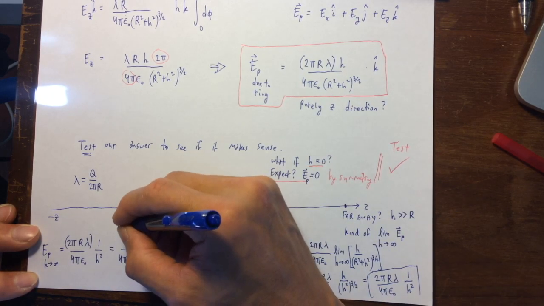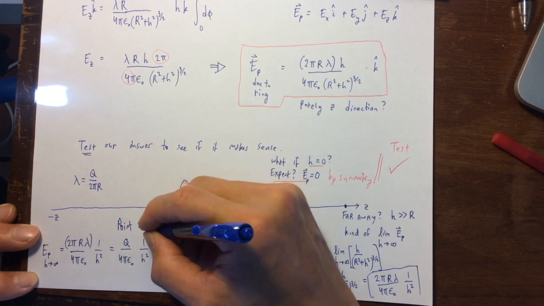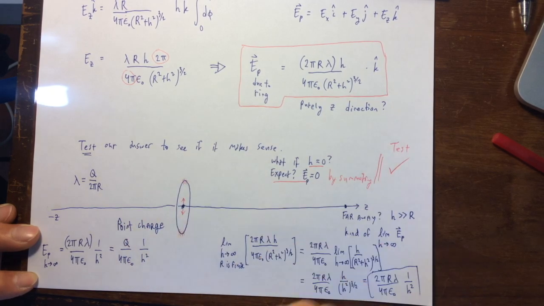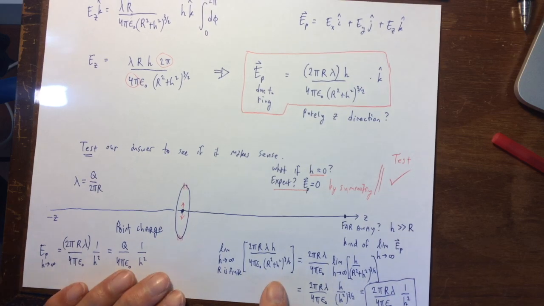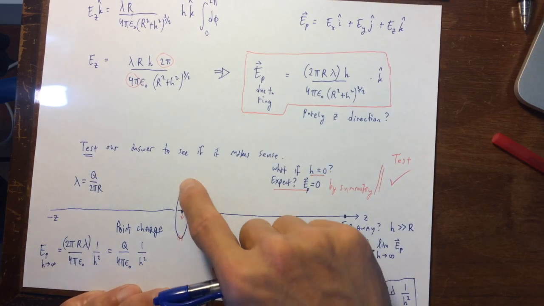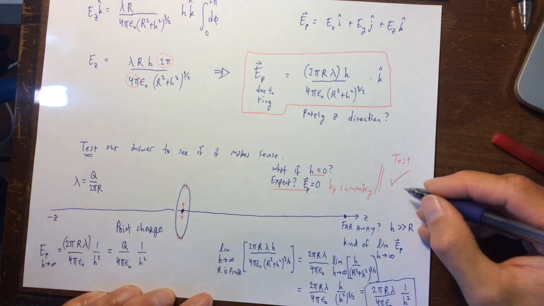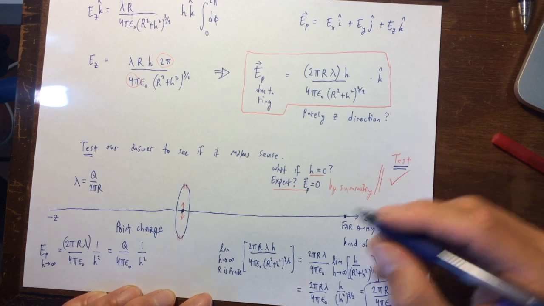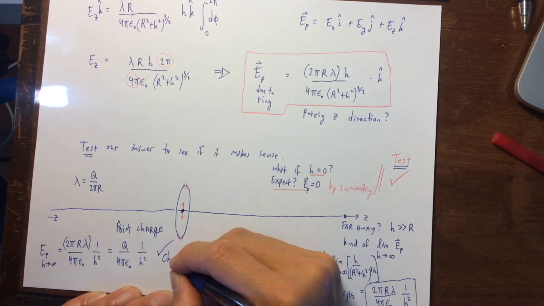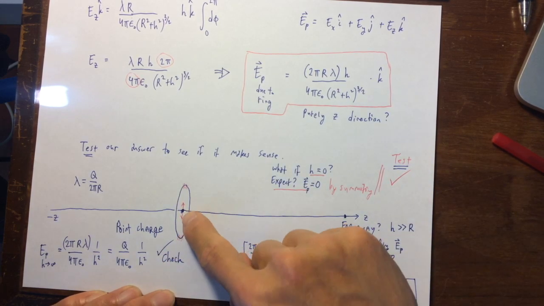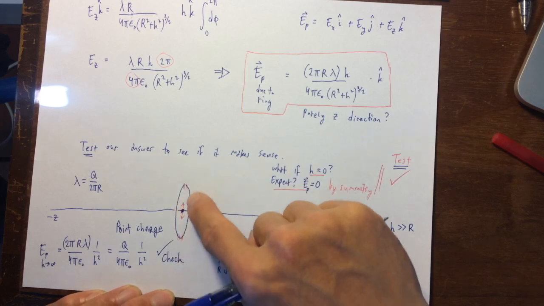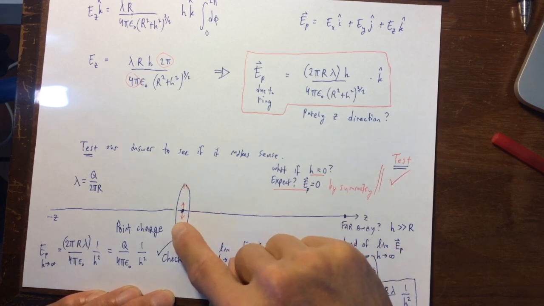This is the electric field of a point charge at a distance h from the point charge. That is, if we go really far away, this ring behaves as a point charge. This kind of test, check. If we go far enough away, then we can't tell the detail, the fact that this is a little ring.